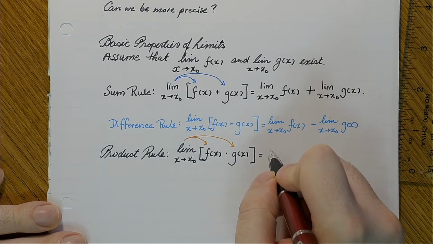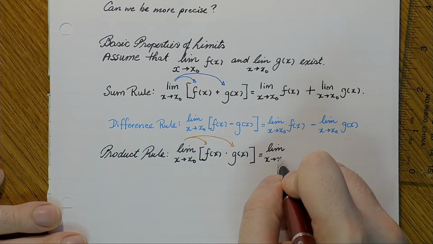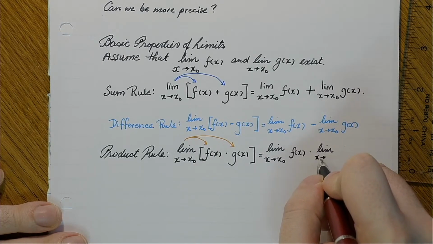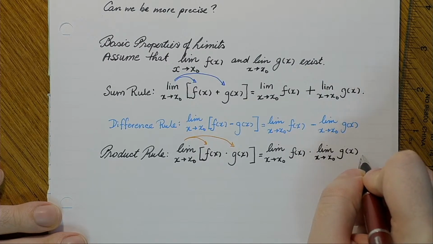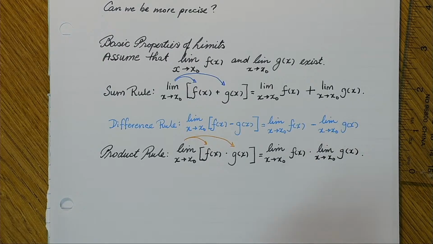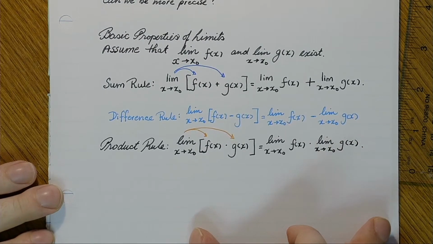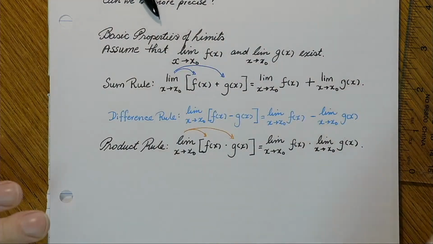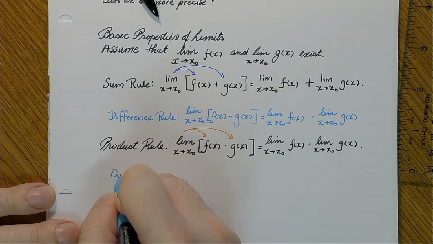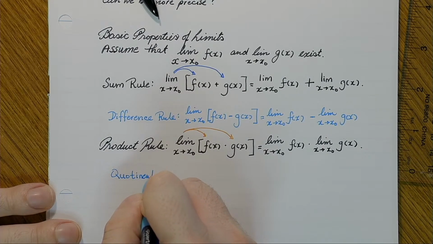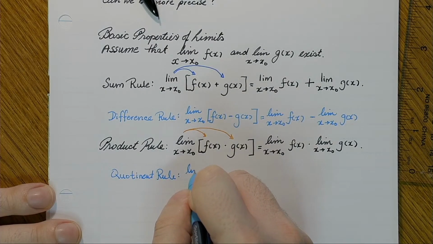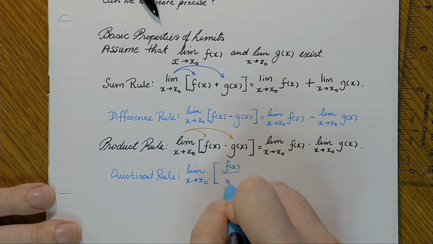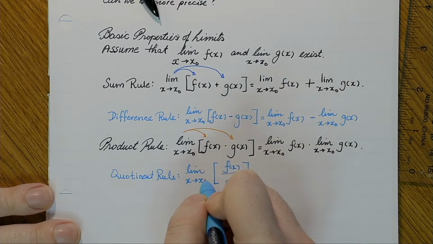So the limit as x goes to x naught of f of x times the limit as x approaches x naught of g of x. And of course, then there's an associated quotient rule that you can do. And again, it's just applying it to the top and the bottom.